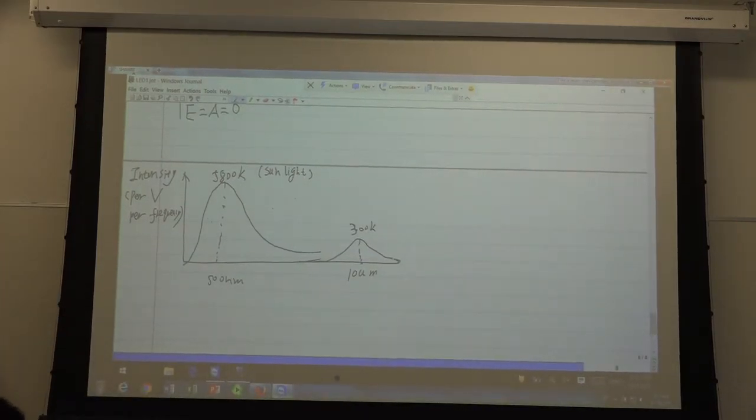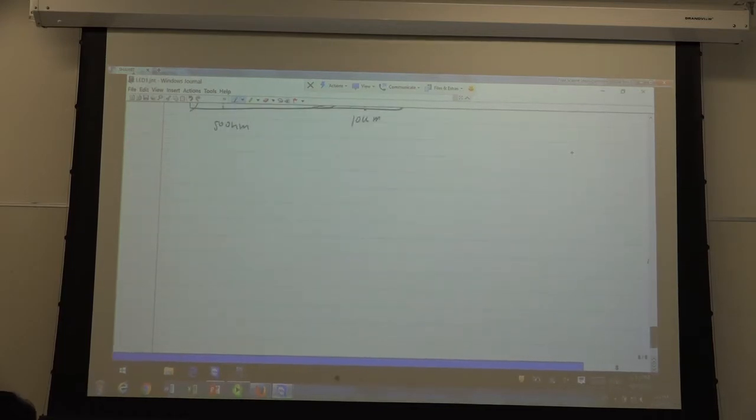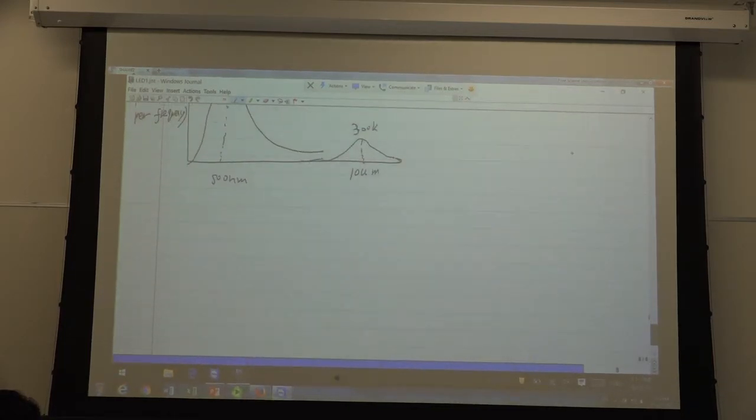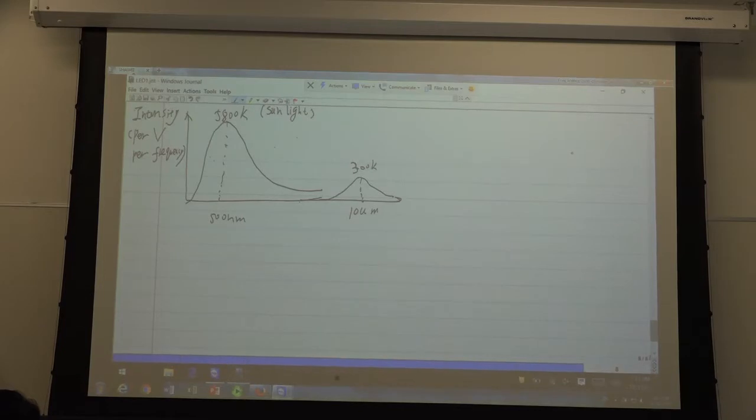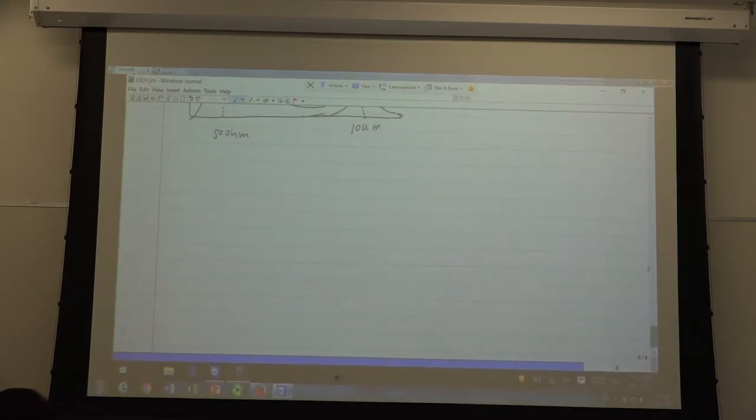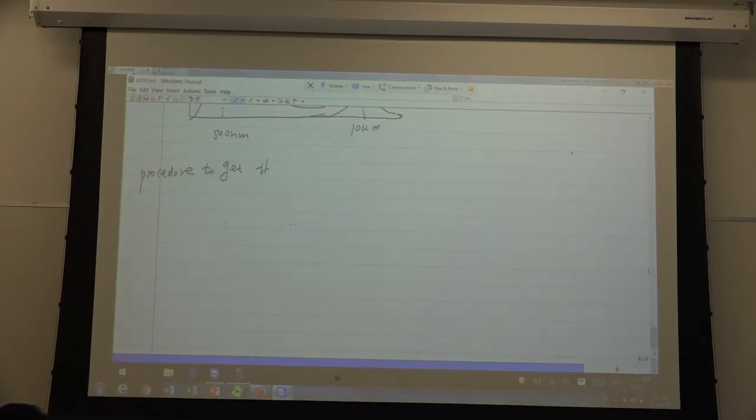In the last lecture, I talked about how to calculate, how to get this curve. What's the basic procedure to get the black body radiation spectrum?